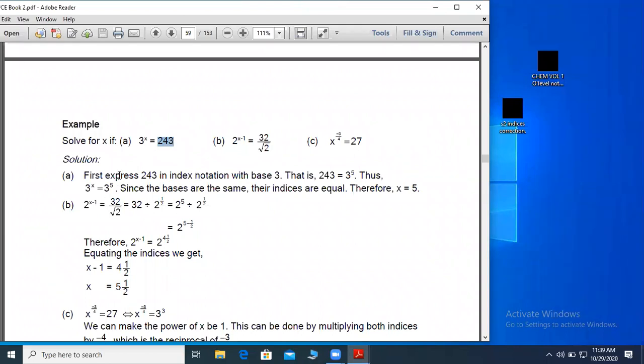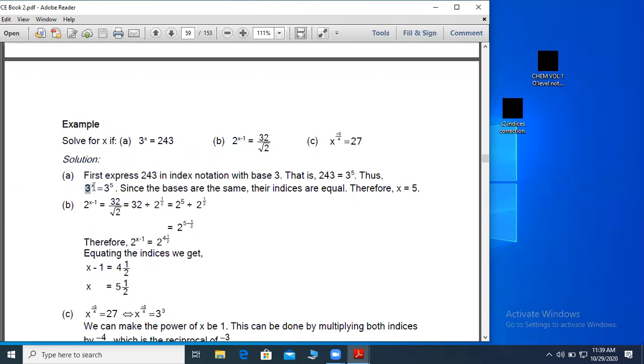So this becomes 3 to the power x equal to 3 to the power 5. 243 is 3 to the power 5. So what I was telling you, the base is the same. Here the base is 3 and the base is 3. You only do this when they are equal signs. So the bases are equal, so the powers will also be equal.